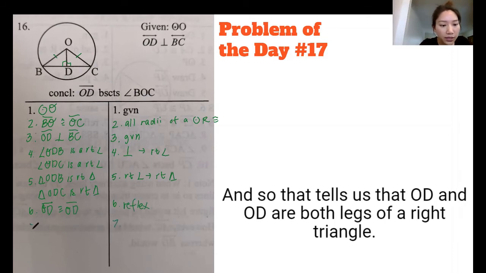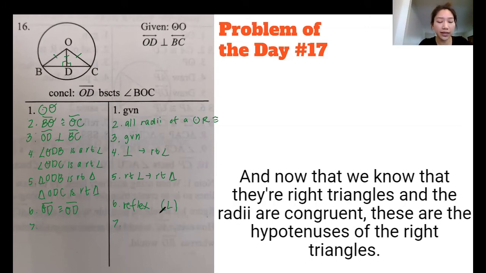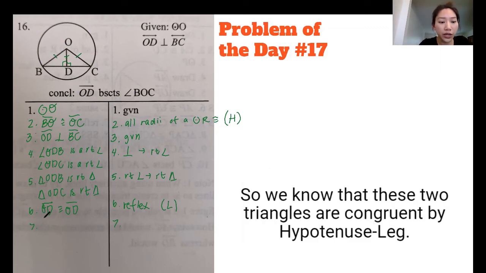And so OD and OD are both legs of a right triangle. And now that we know that they're right triangles and the radii are congruent, these are the hypotenuses of the right triangle. So we know that these two triangles are congruent by hypotenuse leg.